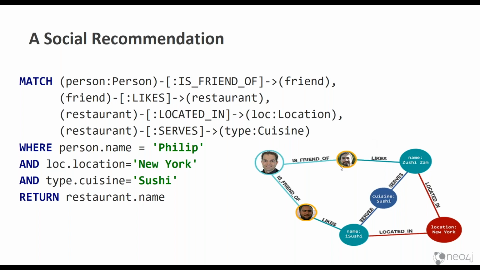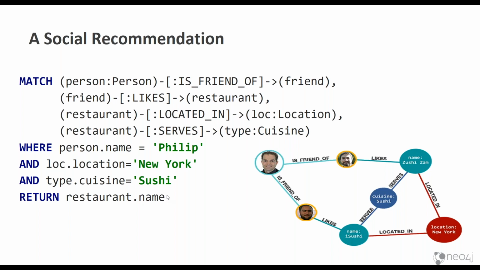So looking at these nodes there, they're looking at these two restaurants here. Now, traversing even further, restaurant located in location. So these restaurants are now connected to a location, and restaurant serves type cuisine. So again, multiple relationships, they're connected to a type of cuisine.